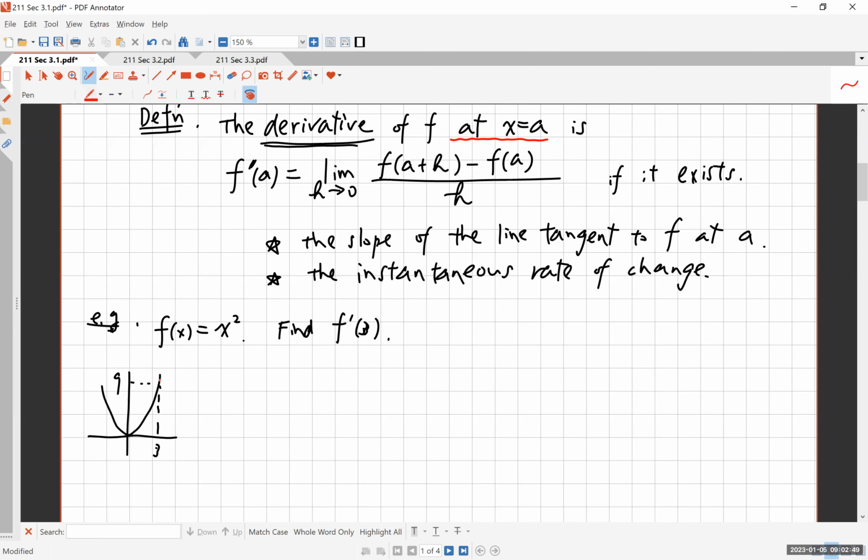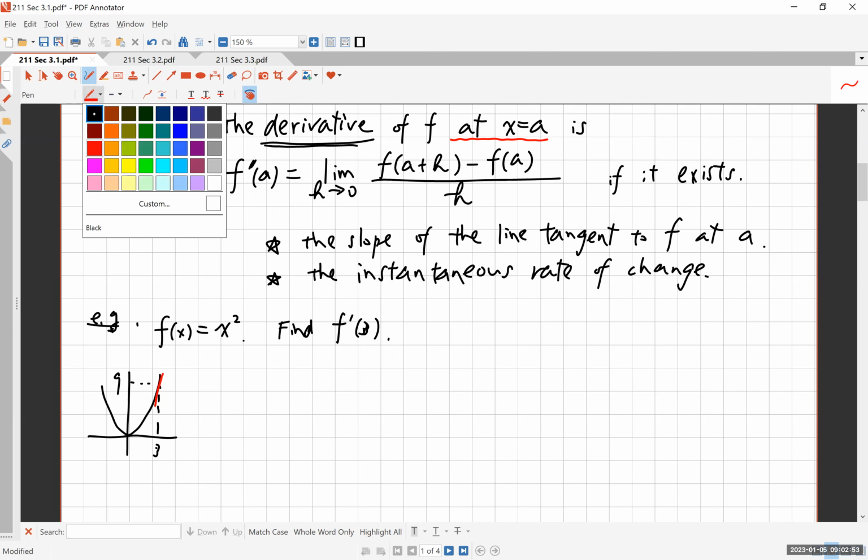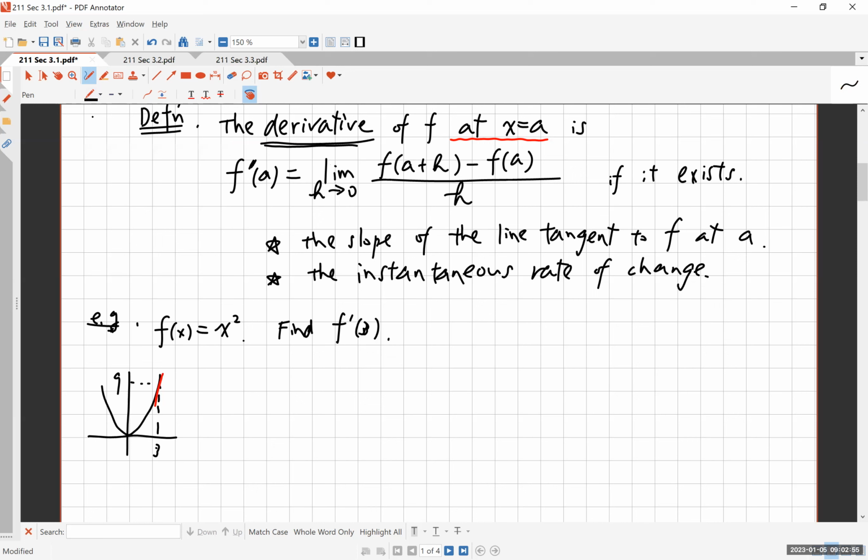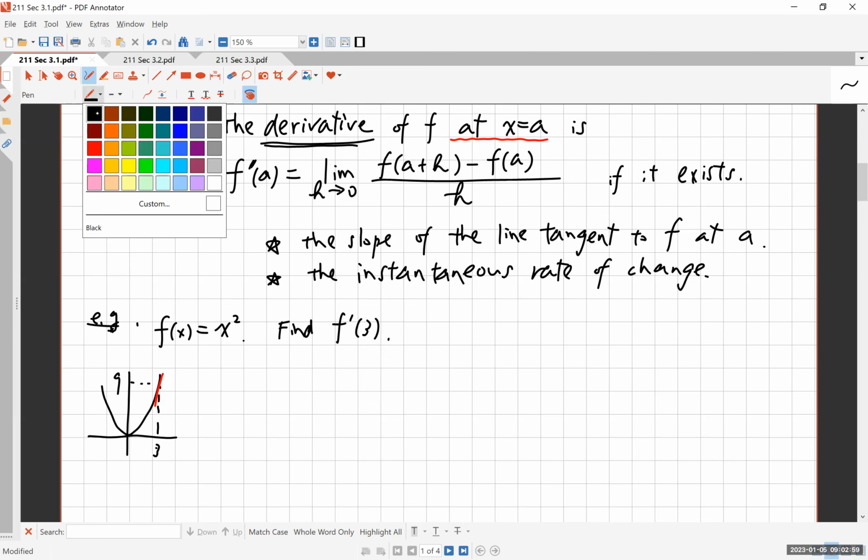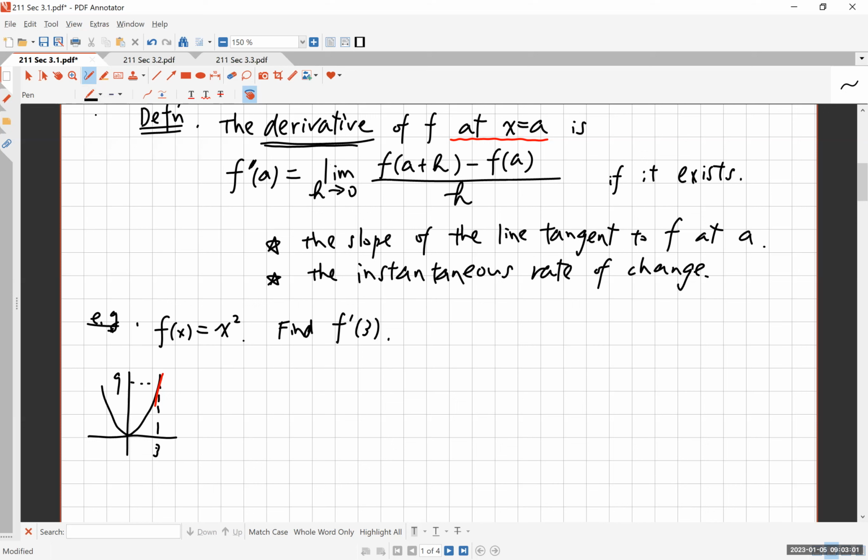Now, the tangent line is going to look something like this. So you can expect a pretty steep tangent line, meaning that the derivative, which is the slope of this tangent line, the instantaneous rate of change, should be a pretty big number, right? It's not going to be negative because it's increasing, and it's not going to be 1 or anything like that. Okay.